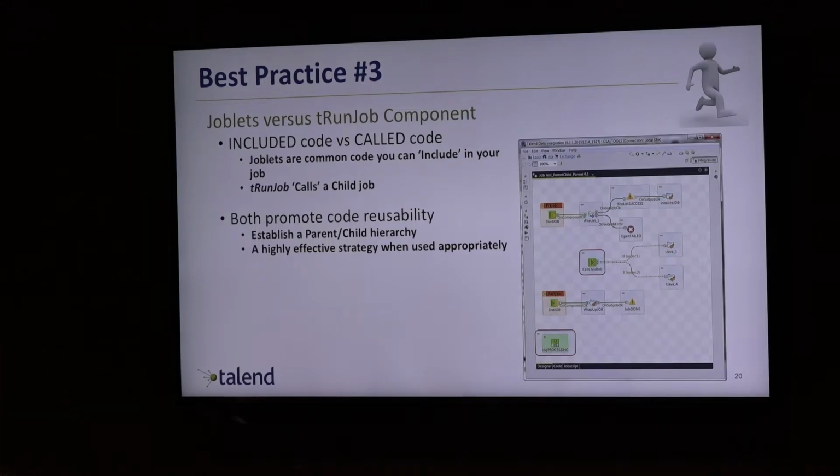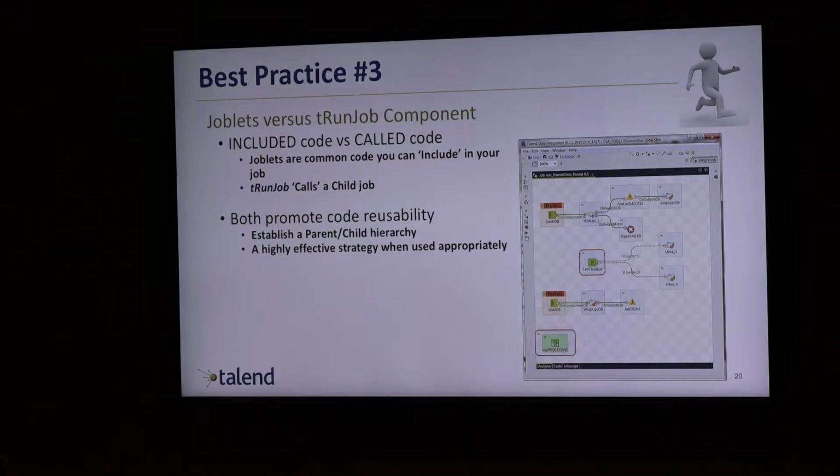But for orchestration, I'd say use the sub jobs. For reusable logic, like I gave you an example, STD1, those kinds of logic, you can create a generic logic for tMap, and even have lookup tables. You can make that generic, and have that as a joblet, because it does not have a source.